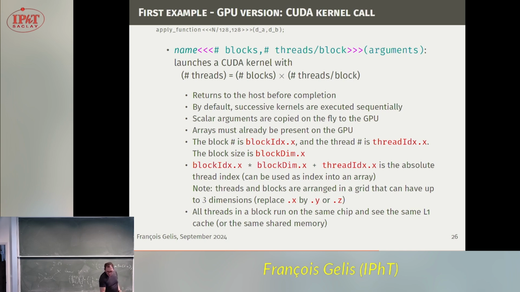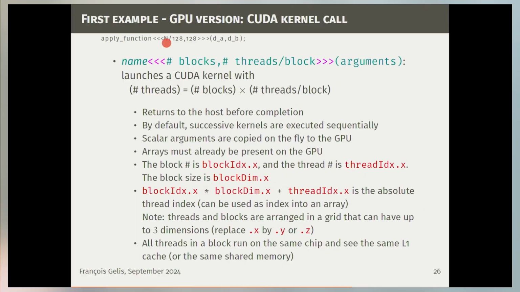And the syntax is a bit peculiar. It's here. It's the name of the kernel, the name with which it was defined. Then you have this triple symbol, the smaller symbol 3 times. You have 2 numbers that I will explain, and then the closing, the 3 times the greater symbol. And then you have a bunch of arguments which are passed to this function.